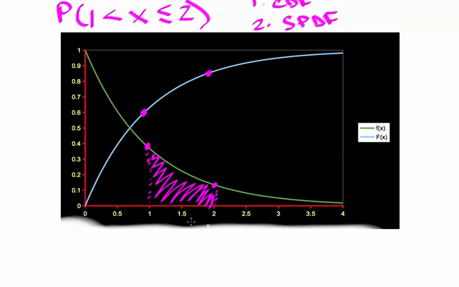If we were to actually go in and do that and count this, we would also find that the probability is equal to 0.2.